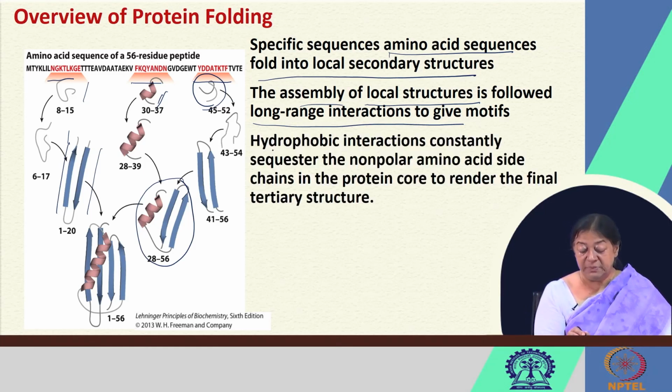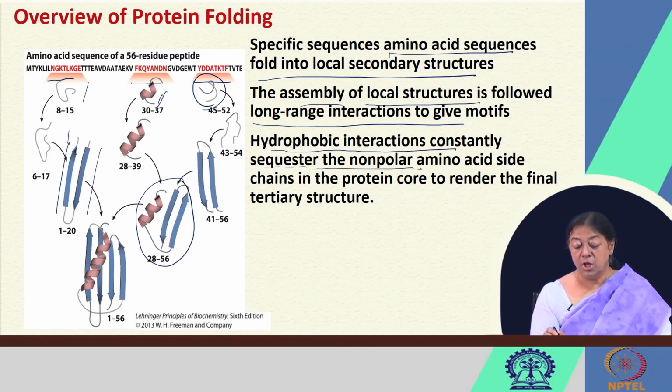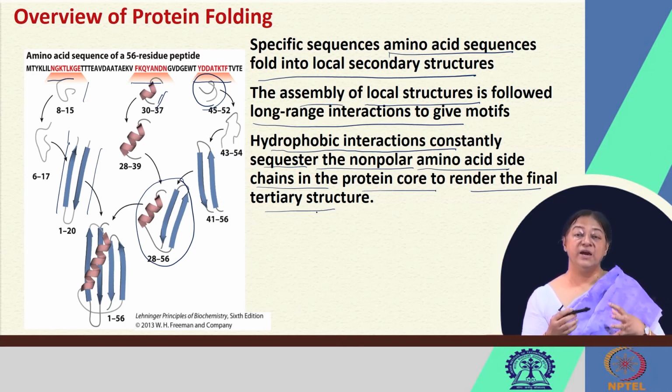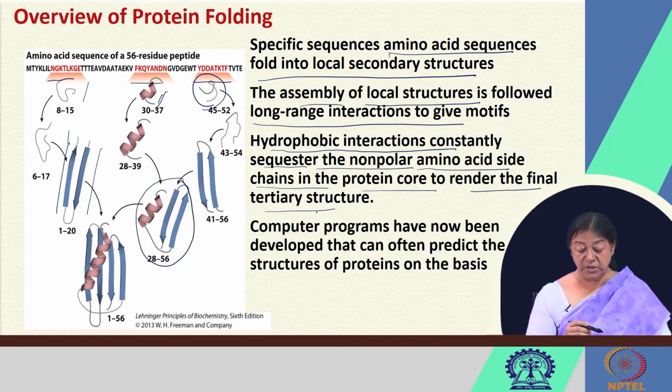While this is happening, the hydrophobic interactions constantly sequester the non-polar amino acid side chains in the protein core to give its final tertiary structure. So, while the hydrogen bonds are being formed, the water molecules are being pushed out from the central core of the protein so that the hydrophobic interactions may take place, and that is going to give rise to the protein core.